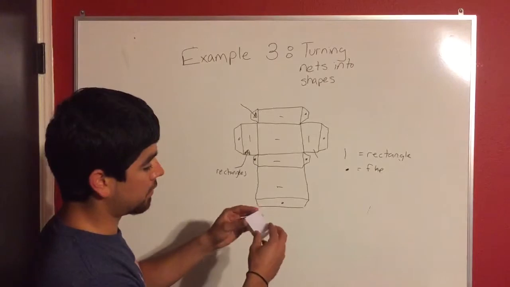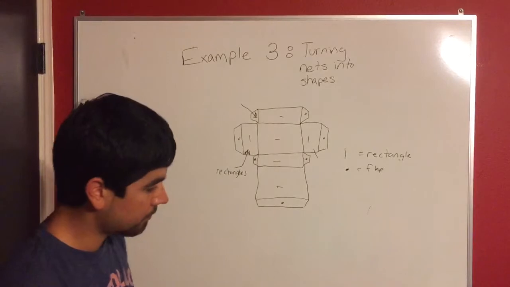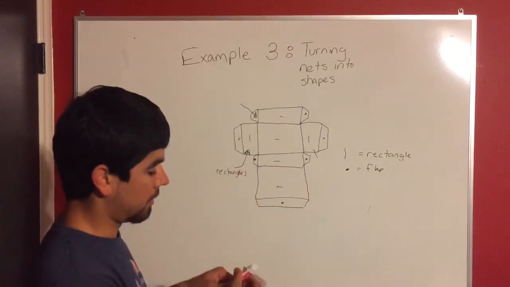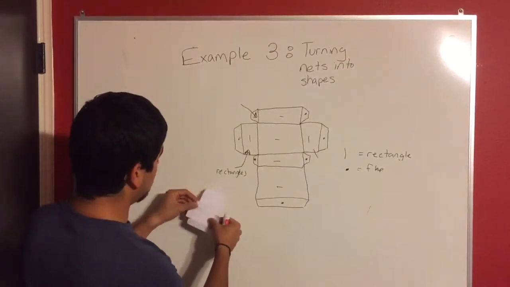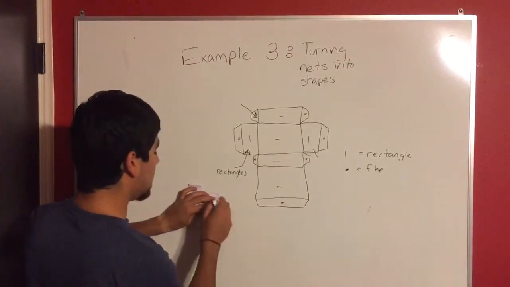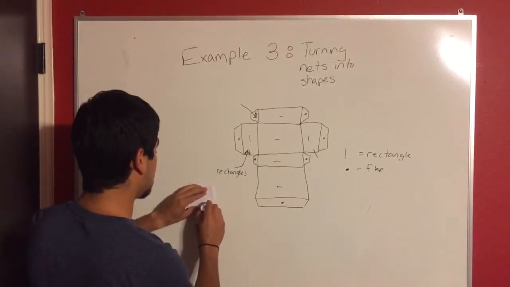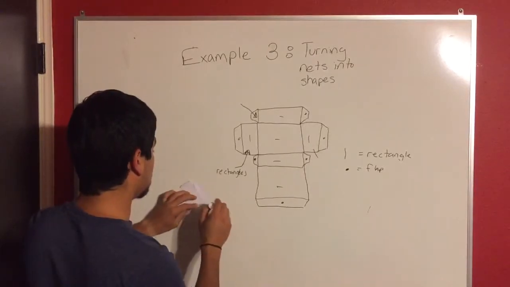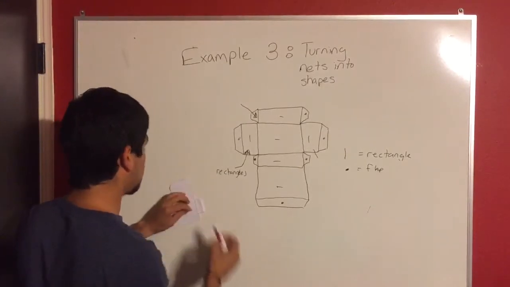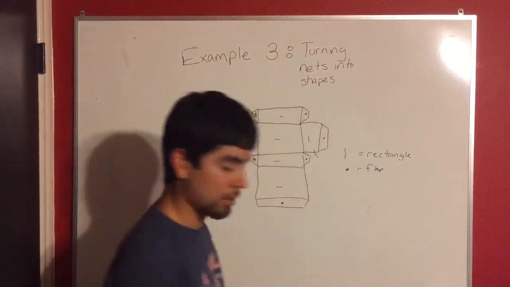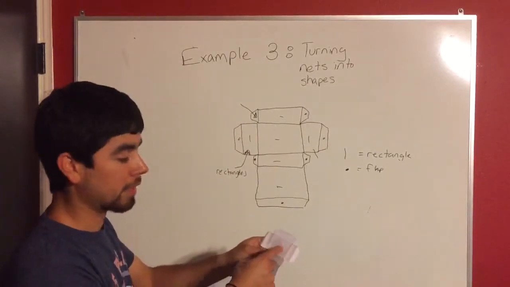So this is what it ends up to be. You can take a glue stick, and then you can glue the flaps. You take these flaps, you put glue on the flaps. Students, you may even color the faces.